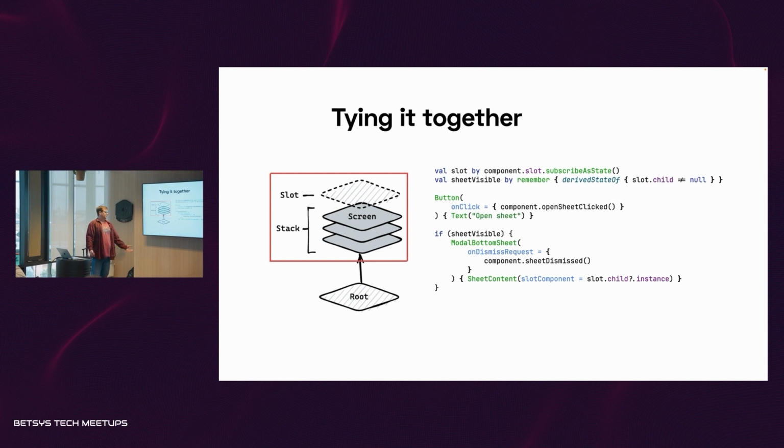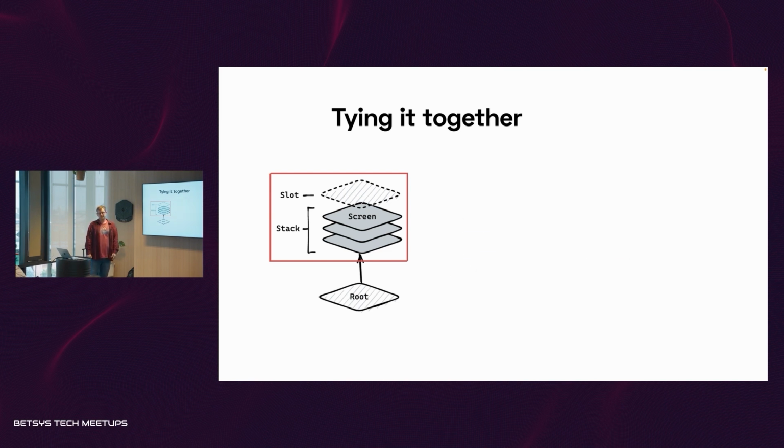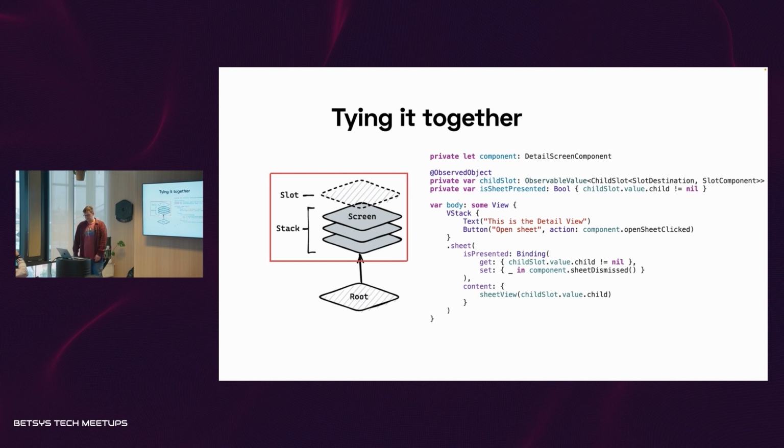But the state-wise is the same thing, just different execution. Again, we get the binding, and in that binding, you have to get the state of whether the sheet is currently visible in Kotlin. This just looks into the child slot and at the current child, and if it's not null, just show the sheet.